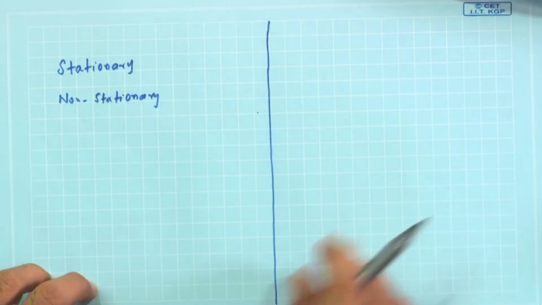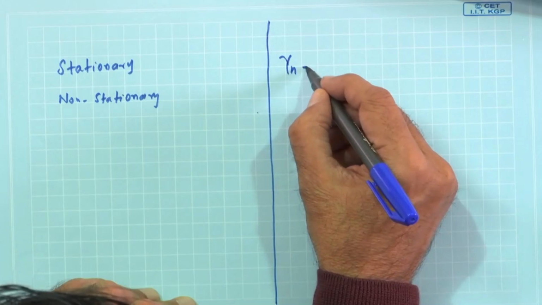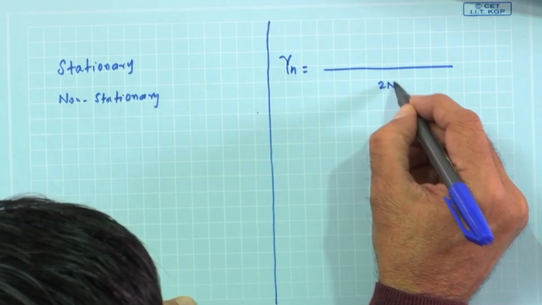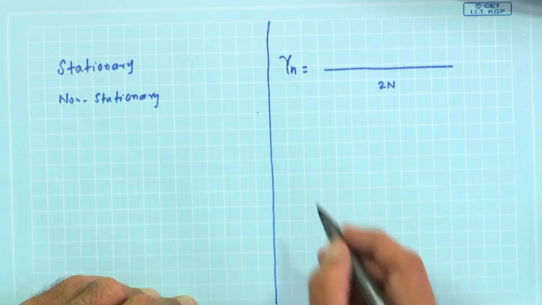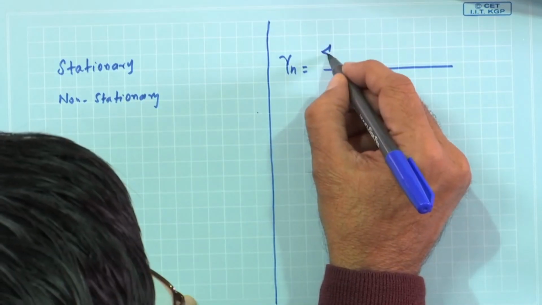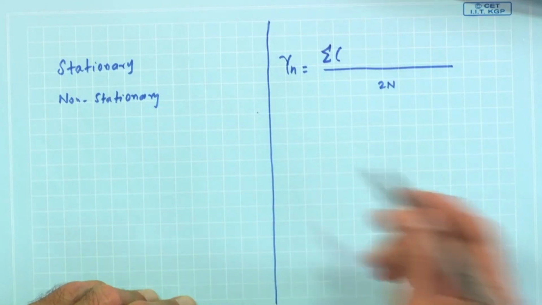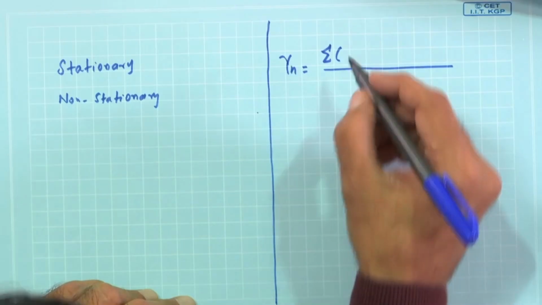If we look at the actual formula for calculation of the semivariance, it would look something like this. I am just representing it as n, and this will be sigma. Let us represent our variable as x for the time being.